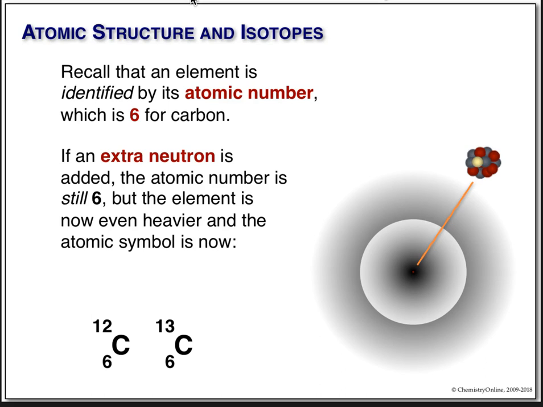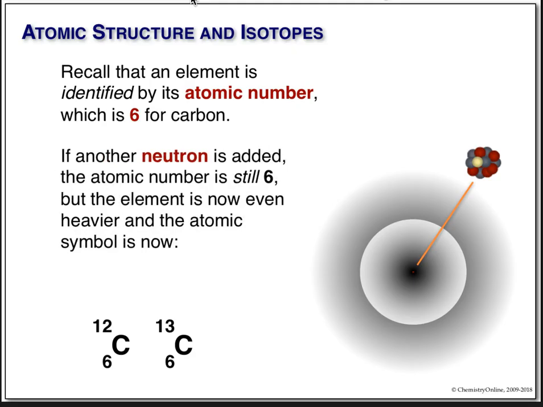It's still carbon, but now it weighs 13. I can do this again. Put another neutron in there. Carbon 14. These are what are called isotopes.